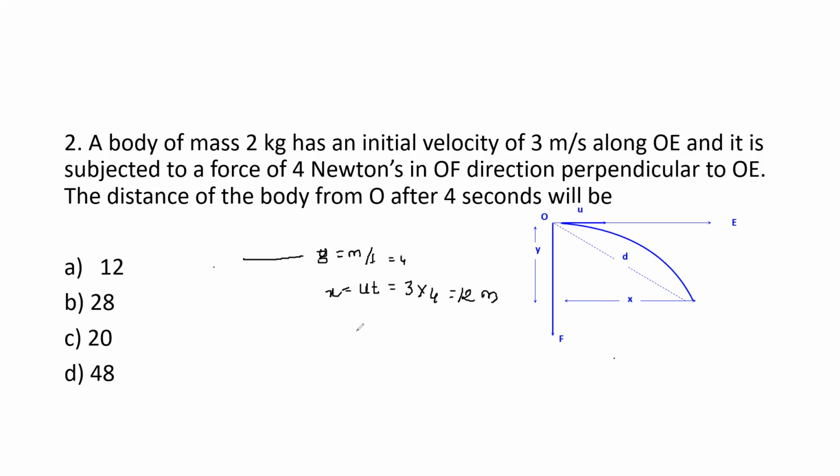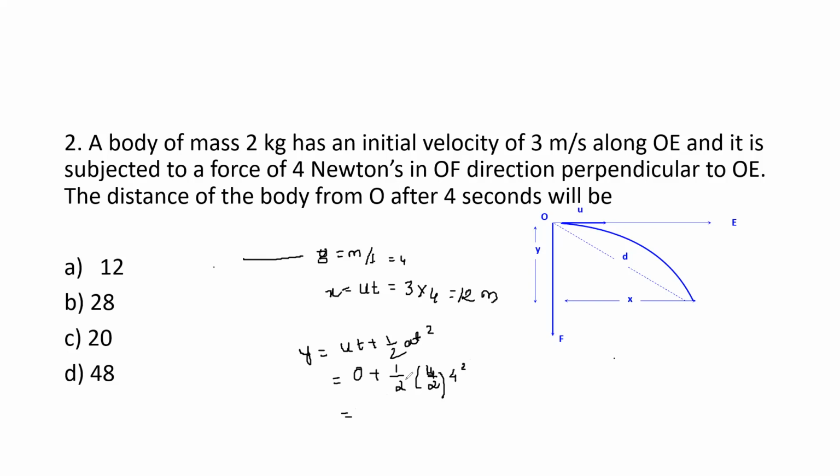And now in the vertical motion, what happens? It is traveling with a zero velocity. Therefore, the equation for vertical motion becomes y is equal to ut plus half at square, and the initial velocity is 0 plus 1 by 2 into the a value, which is 8 divided by 2 into t square, that is 4 square.